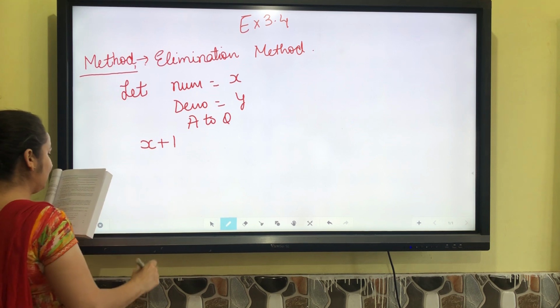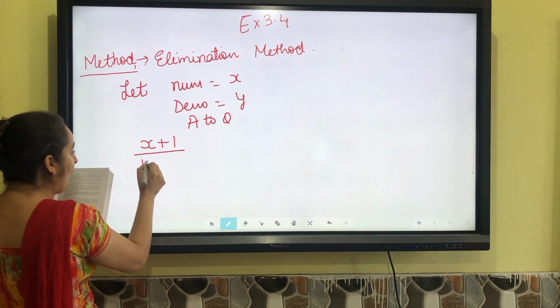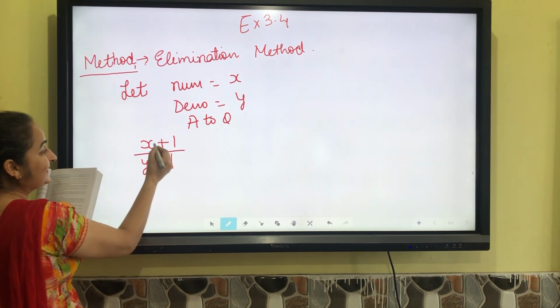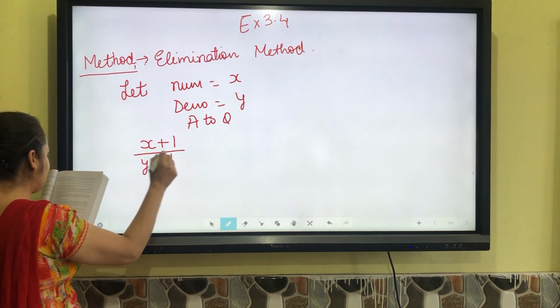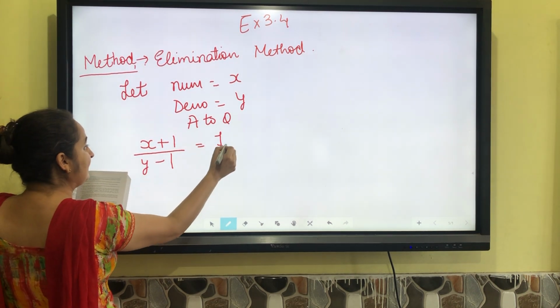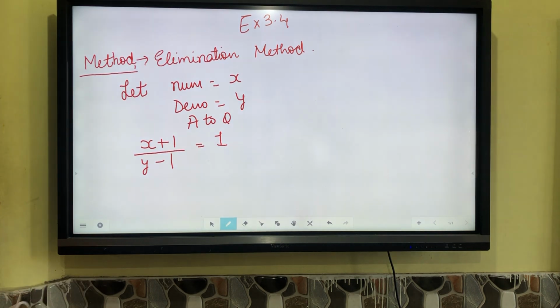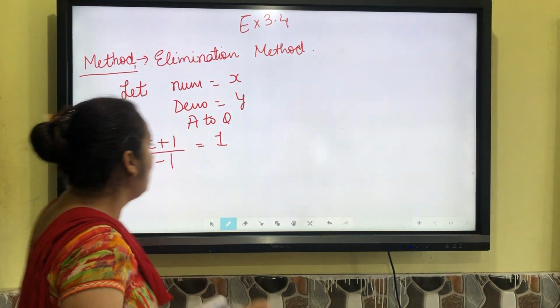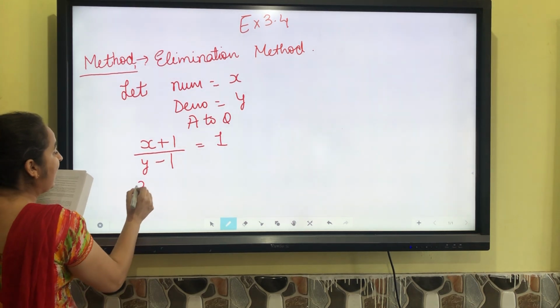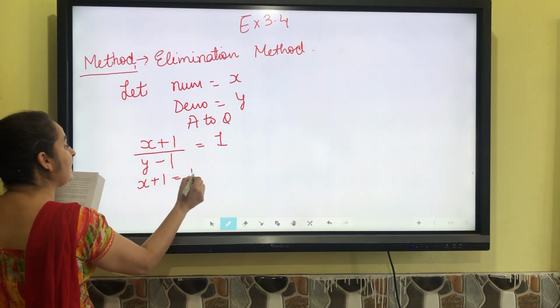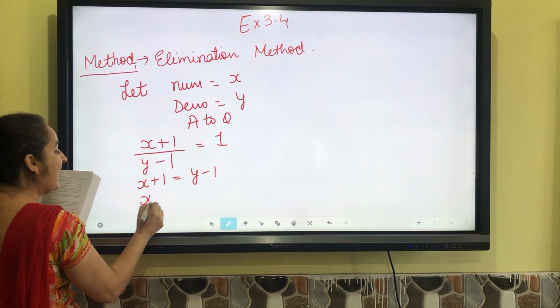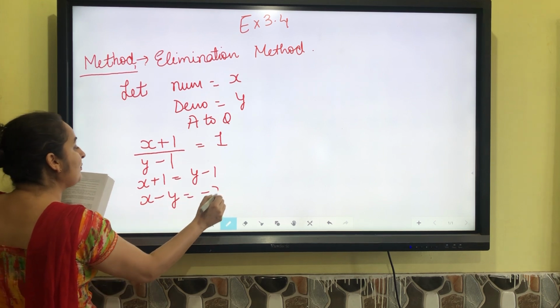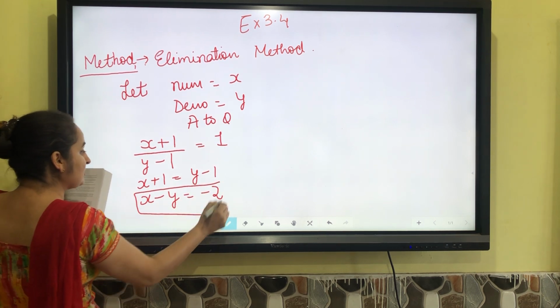Add 1 to the numerator and subtract 1 from the denominator. This is the fraction and this fraction changes to 1. Now, by solving the fraction, we make a linear equation. x plus 1 is equal to y minus 1, so x minus y is equal to minus 2. This is the first equation.